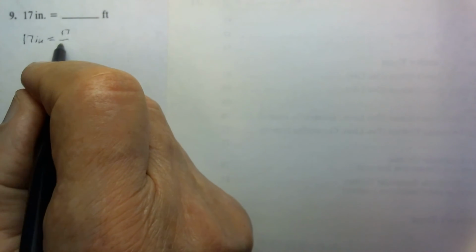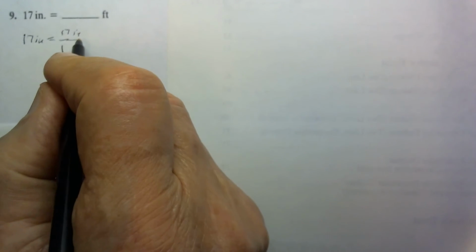And number 9 is very similar. We write 17 inches equals how many feet? Well, 17 inches is equal to 17 inches divided by 1, times 1 foot per 12 inches.